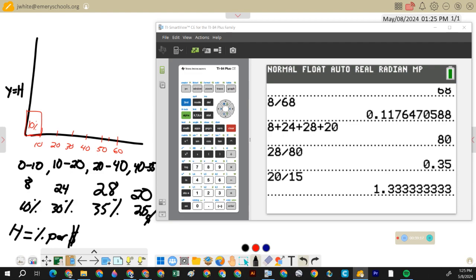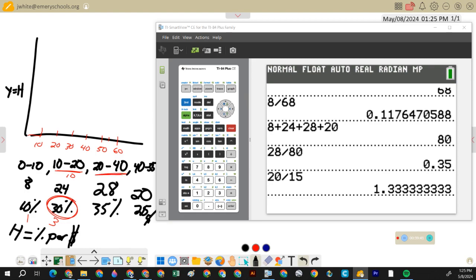But how wide is it? It's 10 units wide, which means the height of this box is going to be 1. This box contains 30%, but it has a width of 10, so 30 divided by 10 is 3.